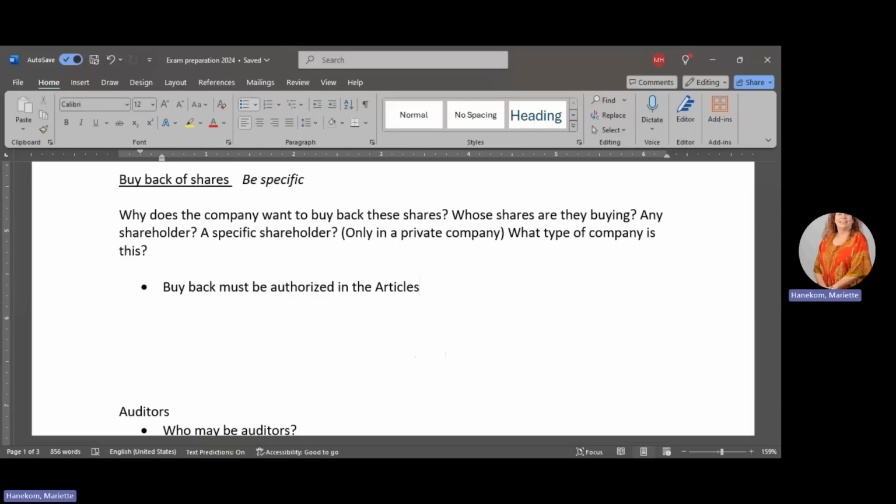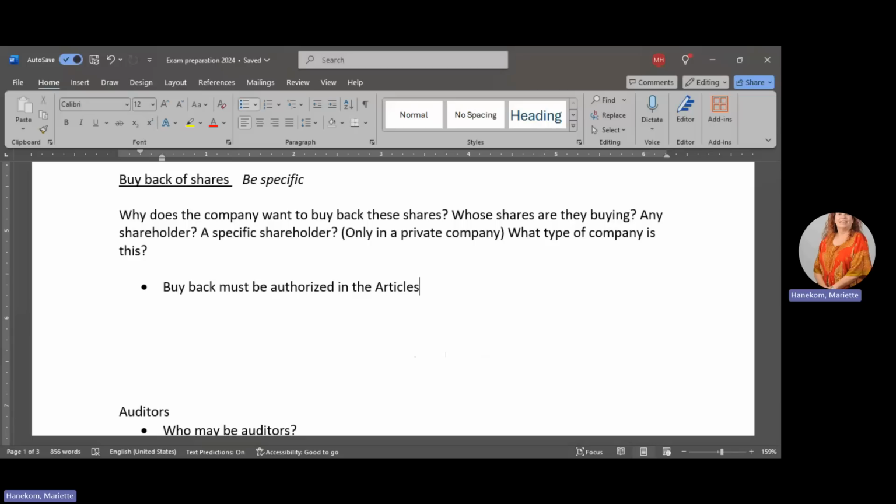Remember, before 2004, this would have been illegal. So articles of companies that were registered before 2004 will definitely not authorize the company to buy back its own shares, because it would literally have been illegal.